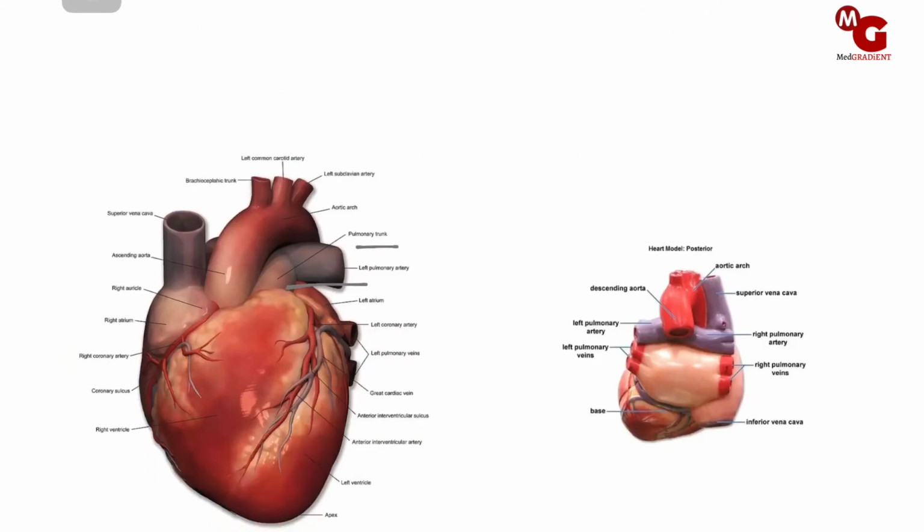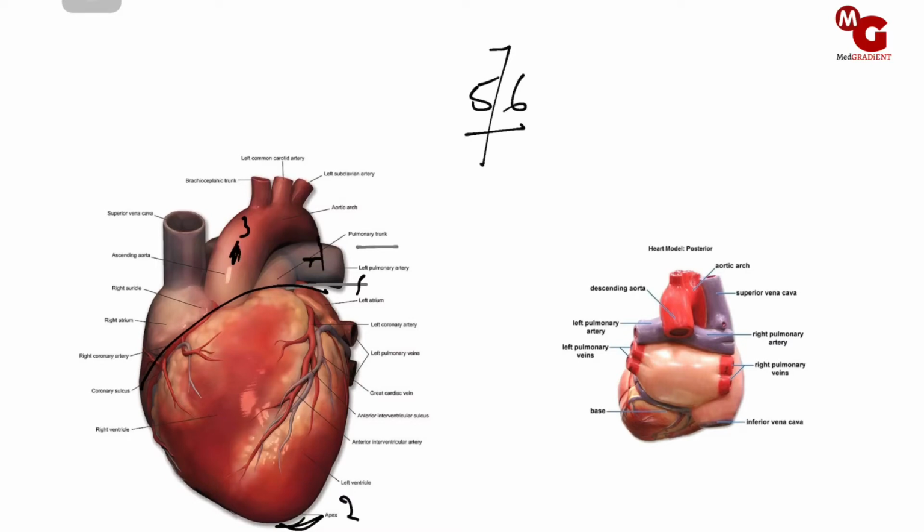Now let's see in this diagram that we already know. I told you we have the base, we have the apex, then we have the arc of aorta, and then we have the pulmonary trunk, and we have what? It was one over here, two over here, 3 and 4. It's a 5 and 6.